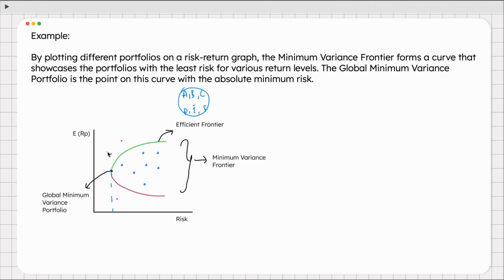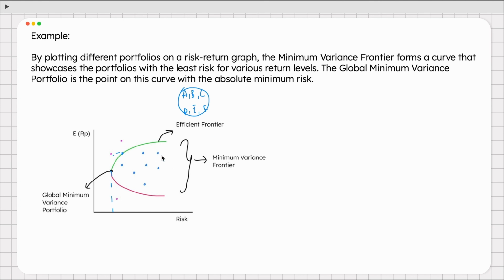You might be able to earn this return with a higher level of risk. That portfolio will be giving you the same return as this red dot, but it will involve more risk. So any points outside the minimum variance frontier are not achievable with the current assets that you have in your portfolio. Got the point?